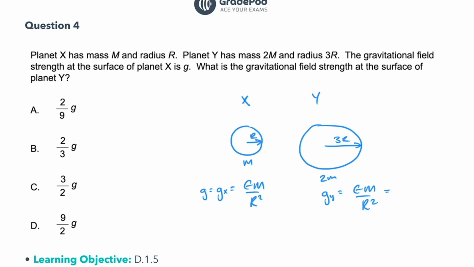But for Y, we're not looking at mass, we're looking at 2 times the mass. So G times 2m, and the radius is 3 times the radius, all squared. So we've got 2 over 9 times GM over r squared. GM over r squared, of course, is g. So our answer is g_y equals 2 over 9 g. And the answer is A.